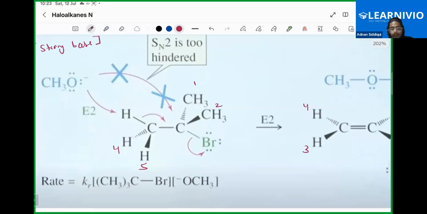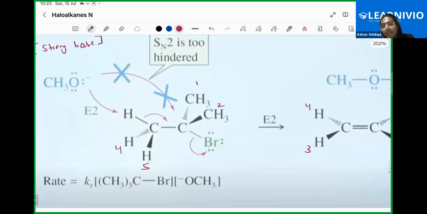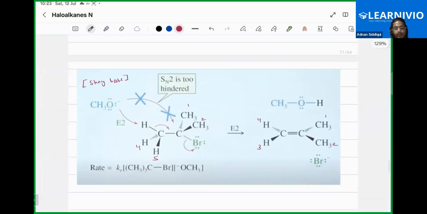So in this case, our substrate is 3 degree. SN2 chances are negligible. In a 3 degree substrate, SN2 is not going to occur. So this negatively charged species now automatically has to behave as a base. So rather than attacking at the backside because of the hindrance, it will take the H positive from here and it will lead to elimination.